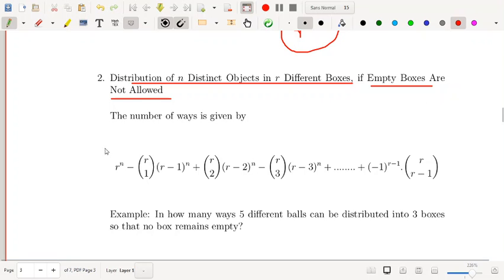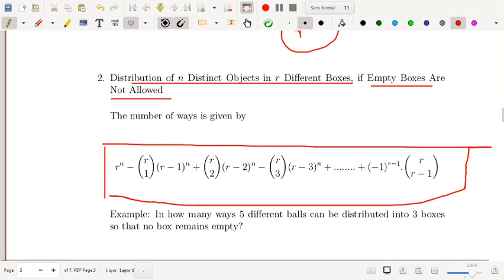There is a result from the inclusion-exclusion principle; I am not going into the proof of that principle. The formula is rC0 r to the power n minus rC1 (r minus 1) whole to the power n, plus rC2 (r minus 2) whole to the power n, and so on, with alternating plus and minus signs. You can directly apply this formula when objects are distinct and boxes are different.